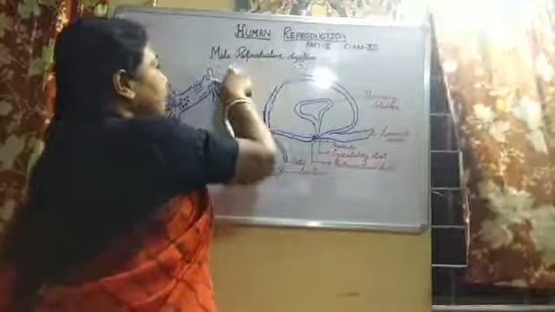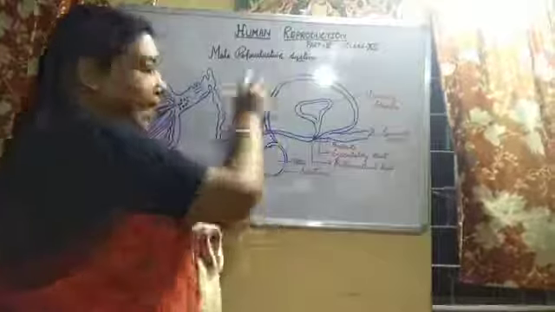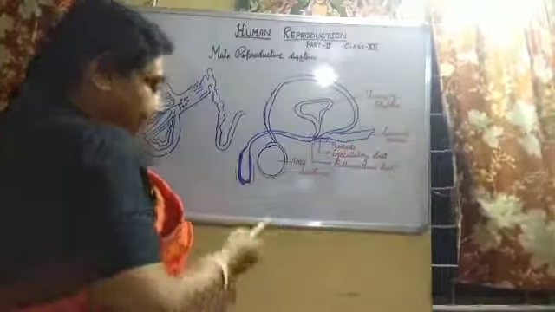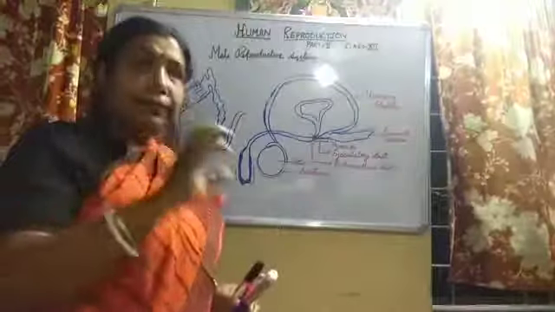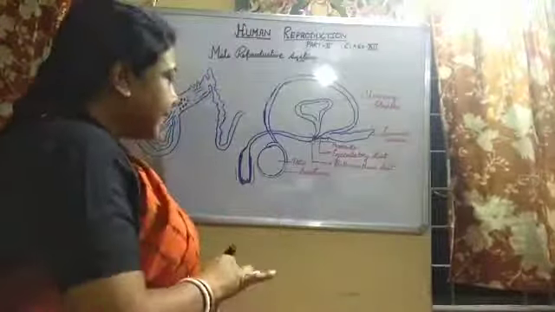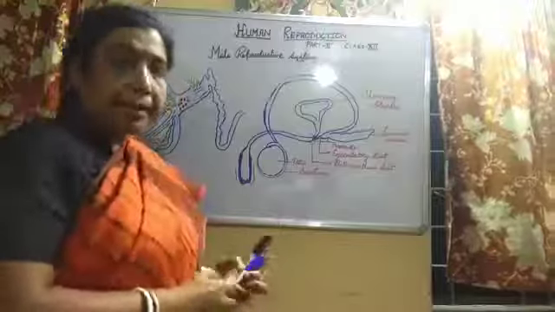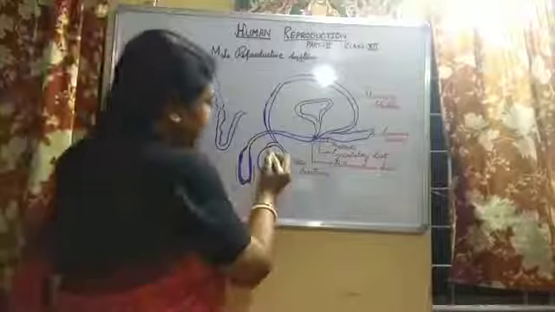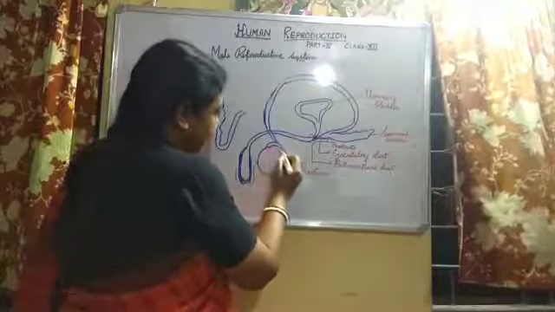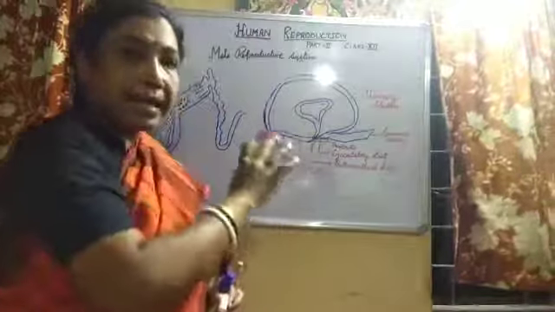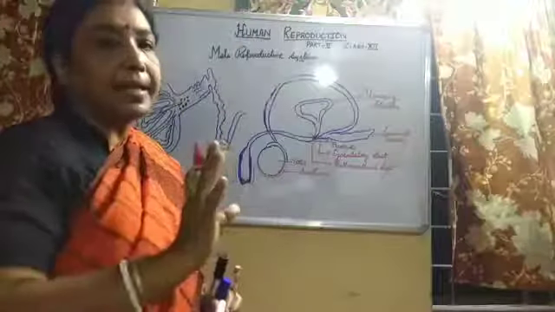Now, you don't get confused with what I have drawn. I am there to explain it to you all. But you have to remember what I mentioned yesterday, that the testis is the primary reproductive structure. This part, children, is actually a simplified diagram of the male reproductive system.